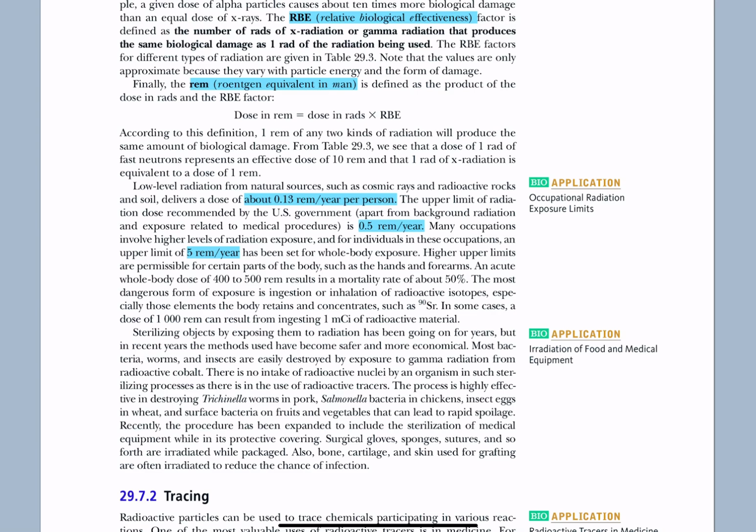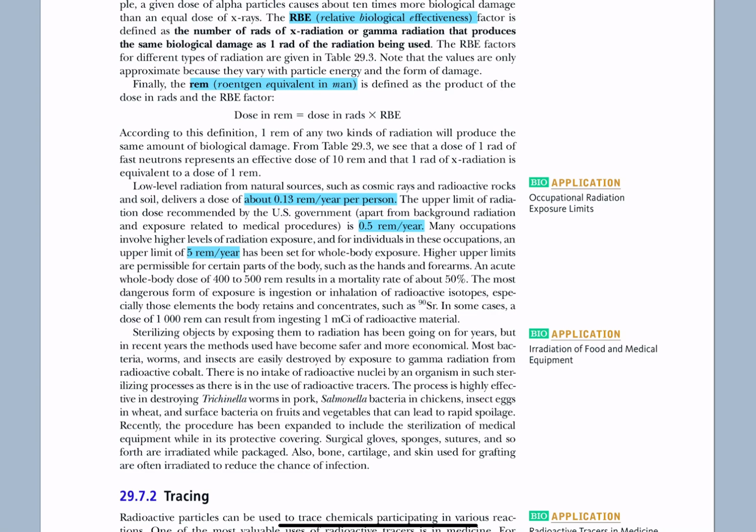And where they got that number from is that 10 times the 5 rems per year, which would be 50 rems per year, that's the level of radiation where we begin to see a biological consequence. We begin to see damage to your white blood cells, which are part of your body's defense system.